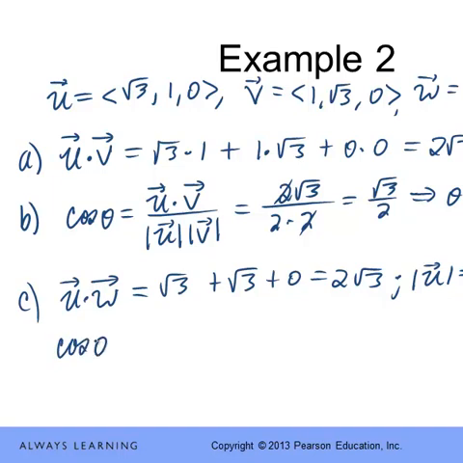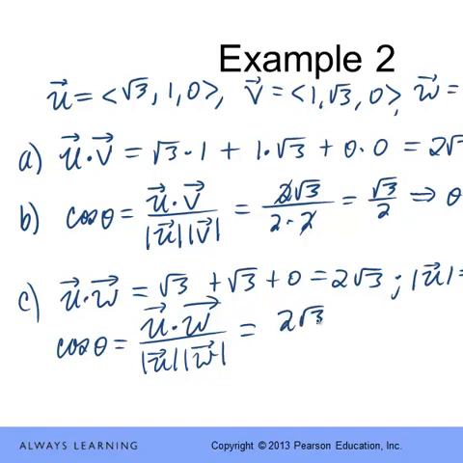Cosine of the angle between u and w is going to be u dot w divided by magnitude u times magnitude w. U dot w is 2 root 3, divided by magnitude u, which is 2, times magnitude w, which is 4.